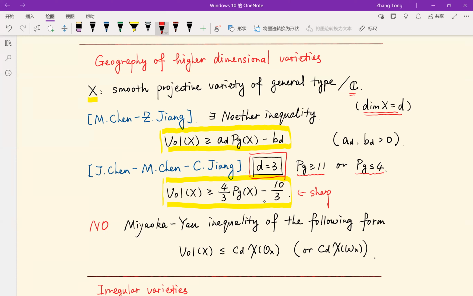So before this work, there have been many contributions towards this inequality.